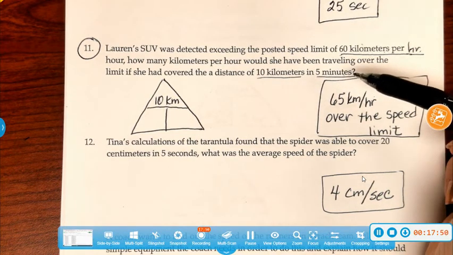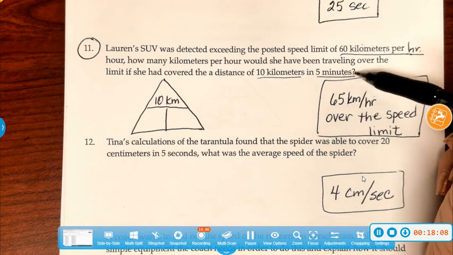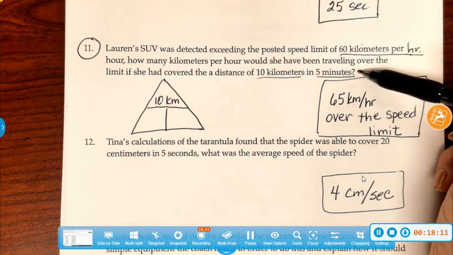If we wanted to change 5 minutes into hours, is it more than 1 hour or less than 1 hour? Way less, right? So it's going to be some fraction of an hour. So are we going to multiply by 60 or divide? If we multiply 5 times 60, we're going to get a really big number.